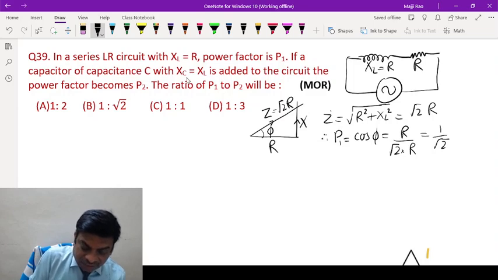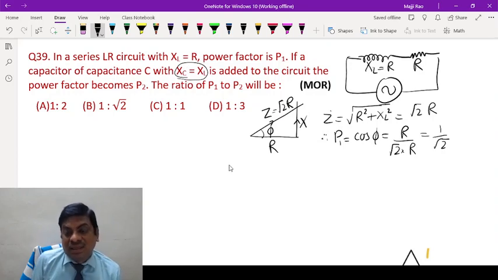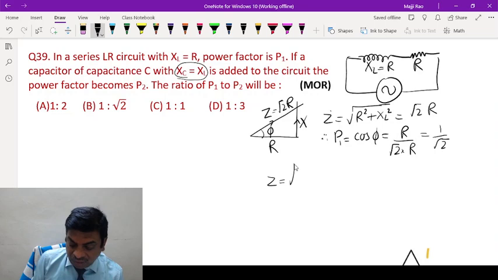Then in the next case, as you can see, if a capacitor with Xc equal to XL is added, when Xc is equal to XL, the net reactance will become 0, and accordingly, the net impedance will be only equal to R, because the reactance becomes 0 here.